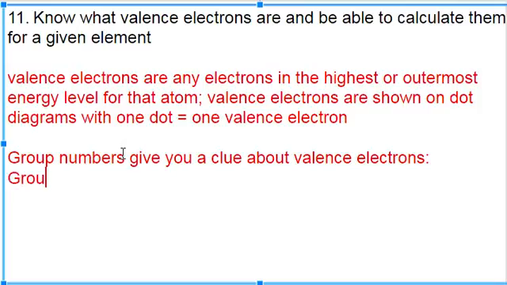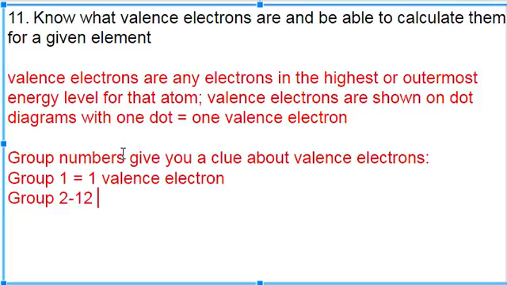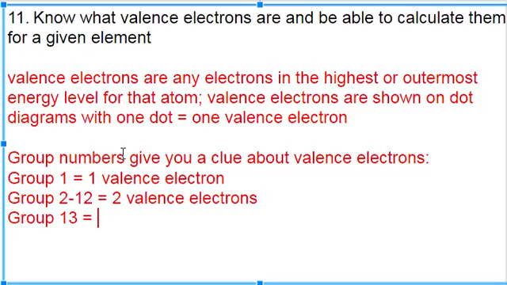So group 1 equals 1 valence electron. Group 2 to 12 equal 2 valence electrons. And then group 13 equals 3.